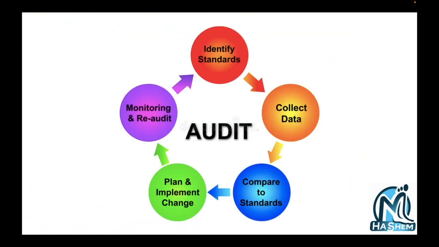To run an audit, you have an audit cycle. Firstly, you have to understand what you are doing and identify that the practice you are doing is not up to the standard. Then you identify the standard. You need to find the guidelines for the point you are going to audit. Then you need to collect the data about your current practice, and then compare this to the standards.